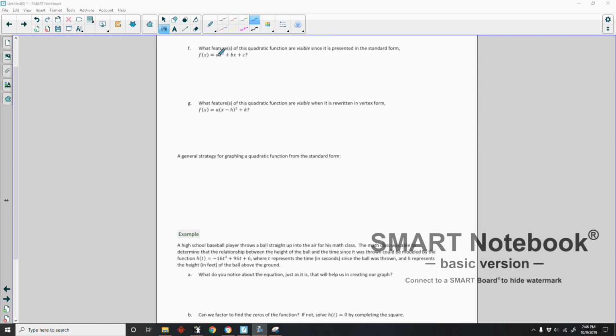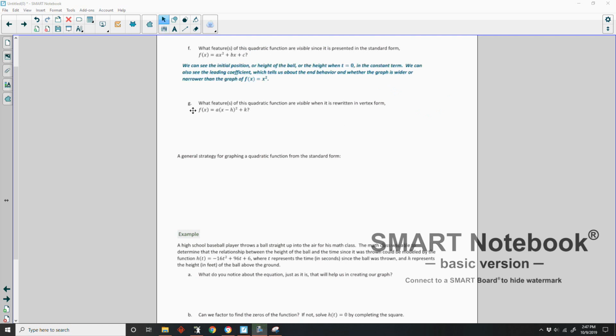If a is negative, we know it opens down. C is our constant, so we know the value when x is 0. The constant would be the y value. And we also know, oh, what else? We know if the function is going to be wider or narrower than the graph of f of x equals x squared.